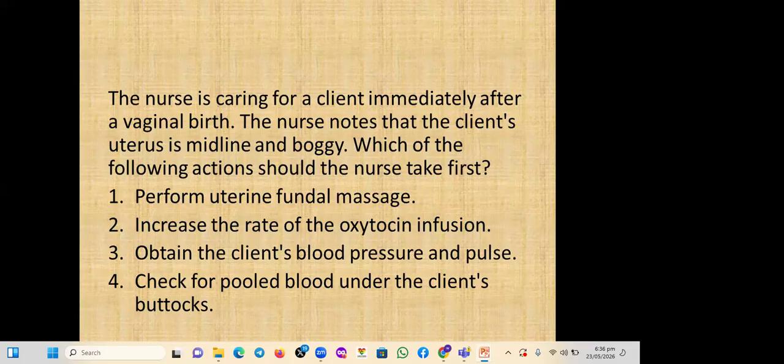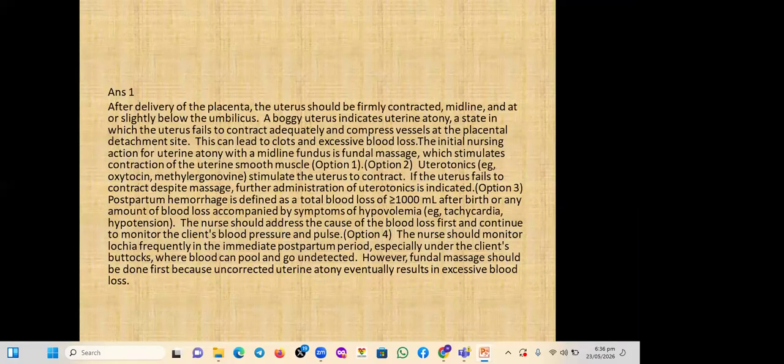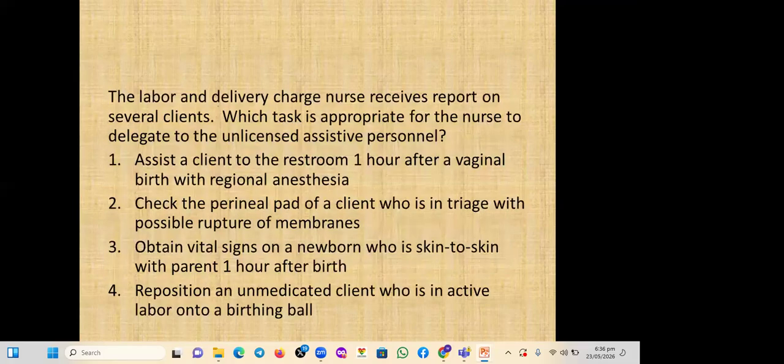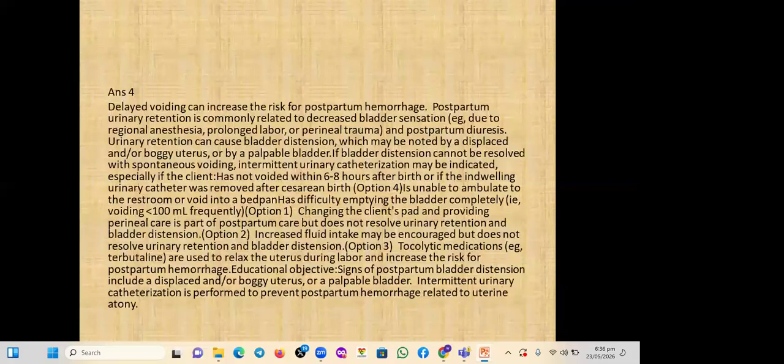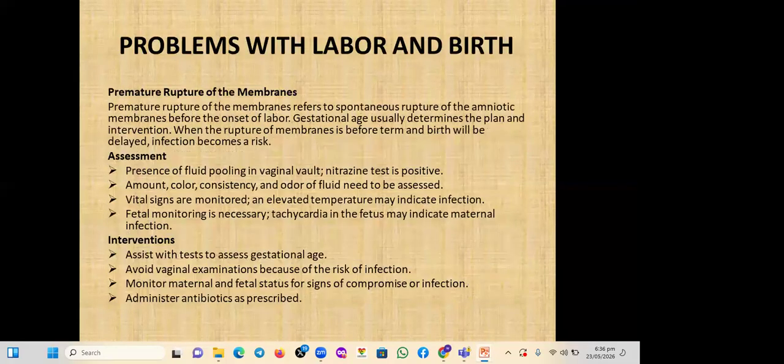But the problem here is the bogginess, and it indicates that the uterus is not contracting adequately. So you need to massage. You need to perform actions that will assist with the uterine contractions. Any further question, any inputs before we proceed?